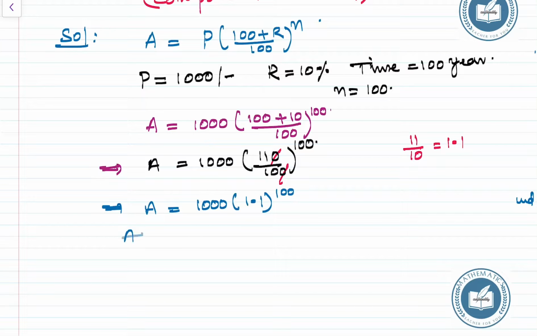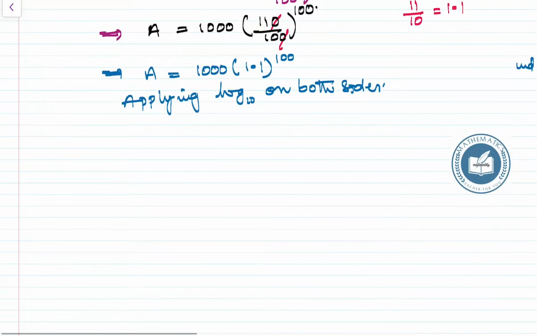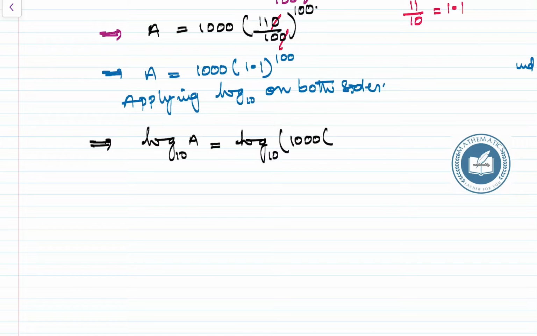So applying log base 10 on both sides, it becomes log A base 10 is equal to log base 10 of 1000 times 1.1 whole to the power of 100. So here you can write like this.